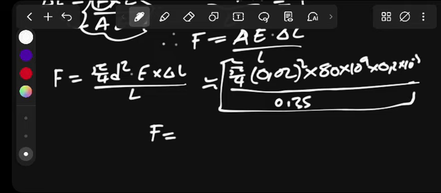Remember that is gigapascal. Then multiply this by 0.2 times 10 to the power of minus 3. We're converting this to meter.